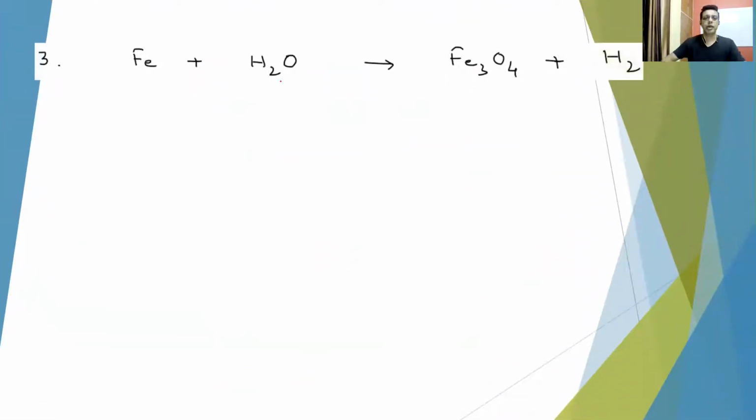Next equation is this: iron plus water gives Fe3O4 and hydrogen. So think which atom you are going to start balancing here. Let me write the number.